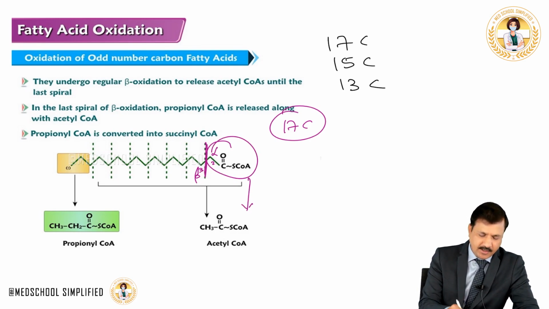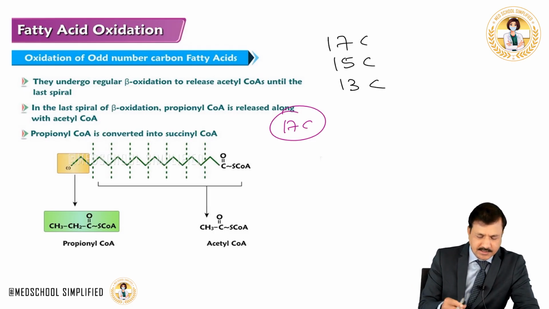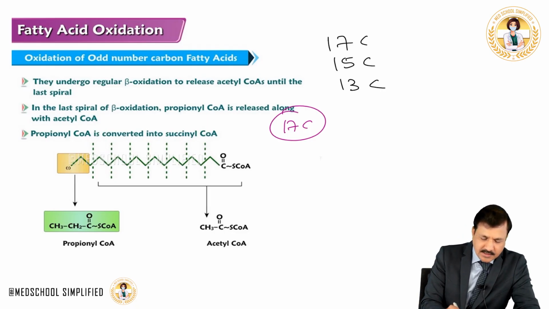So this kind of beta oxidation will go on just like the regular beta oxidation that we have seen with even number carbon fatty acid oxidation. So this is number 1 spiral, number 2 spiral, number 3, number 4, number 5 and number 6.